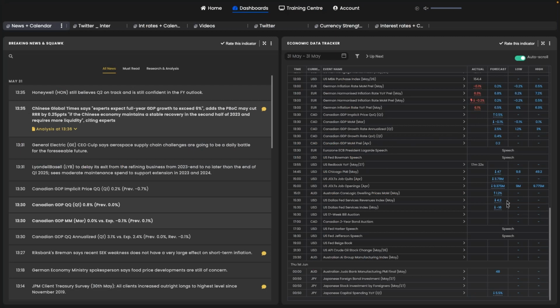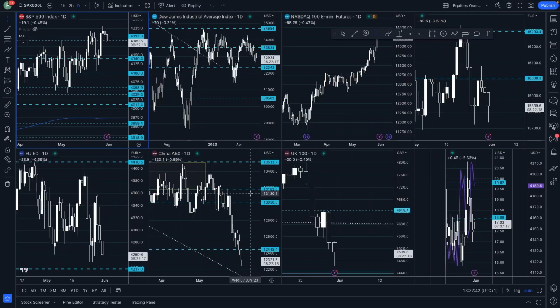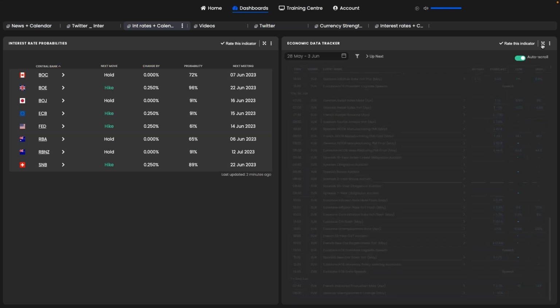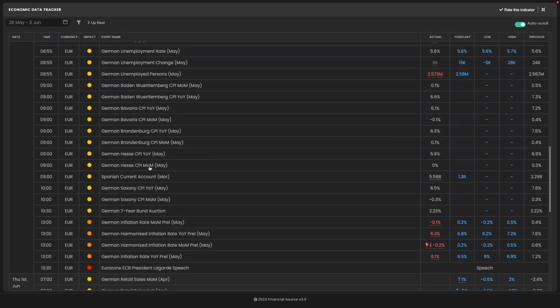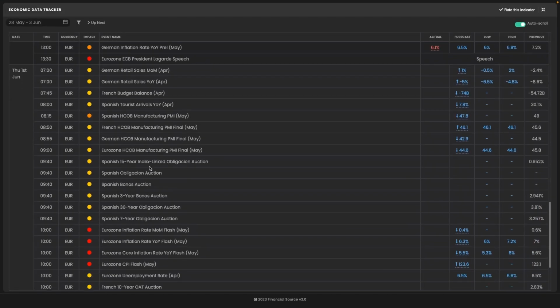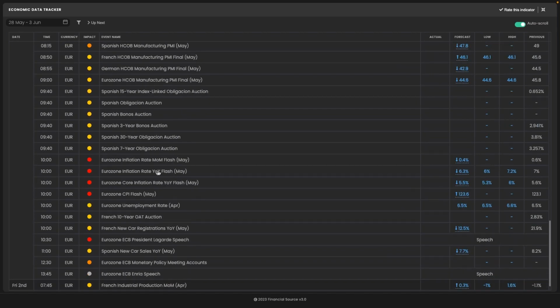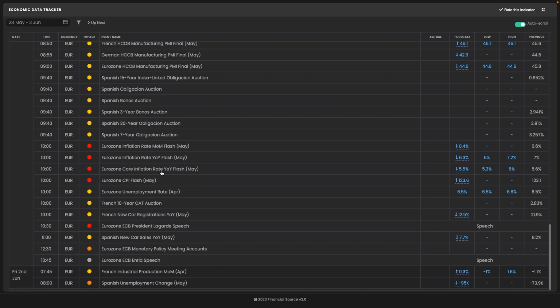And this is for the data we have tomorrow. Coming up at 10, we have the Eurozone inflation data. When you're looking at this inflation data, what we're looking for is an out of consensus miss or an out of consensus beat.